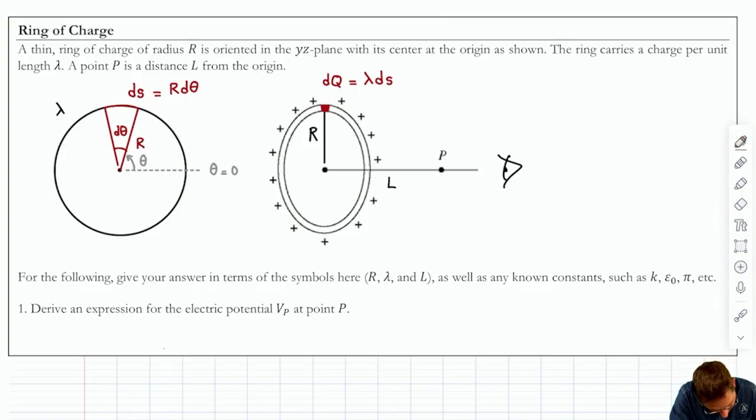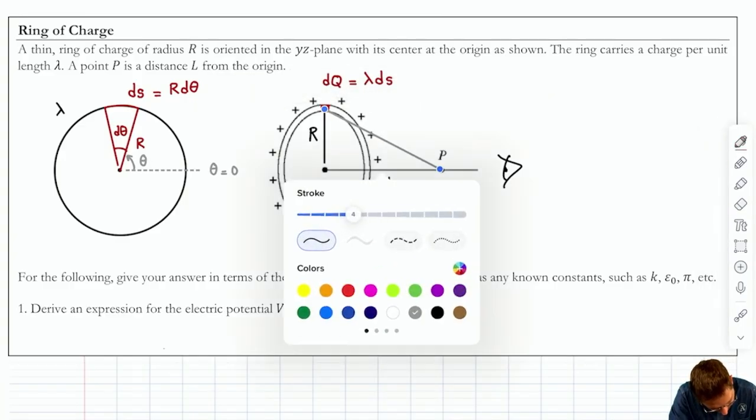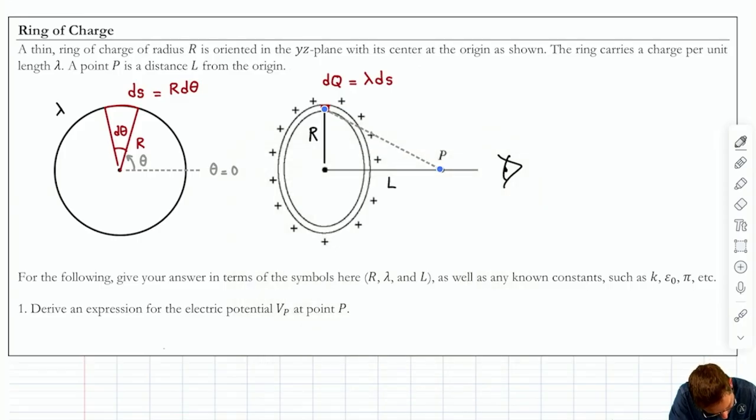And I want to find how much electric potential this thing creates at point P. Let me just be clear, this is little r, it's the square root of big R squared plus L squared.